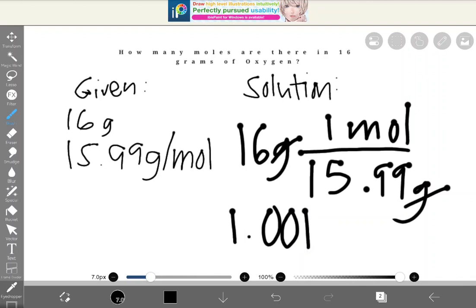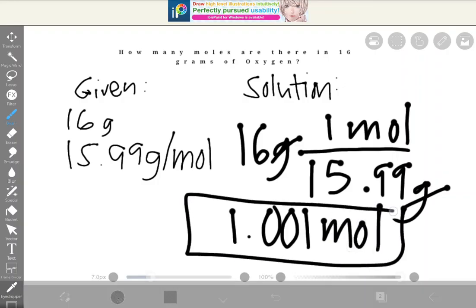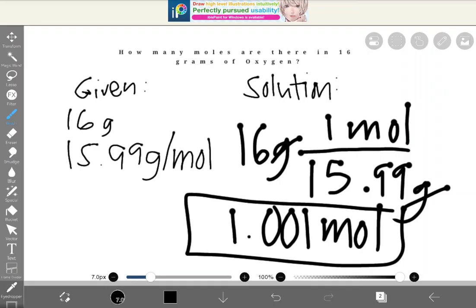The answer is 1.006253, and we can round it off to 1.001, and the unit will be mole. So that means in 16 grams of oxygen you have 1.001 mole, and that is how it works.